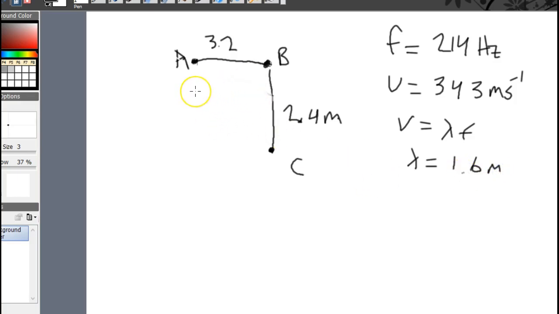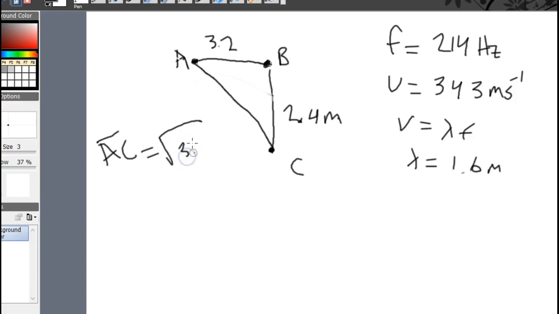Well, again, it all goes back to the path difference. You can obviously see that the wave coming from speaker A here has longer to go than the wave coming from speaker B to make it to point C. So what is this distance? Well, luckily we know the Pythagorean theorem. We can find the distance from A to C using the Pythagorean theorem.